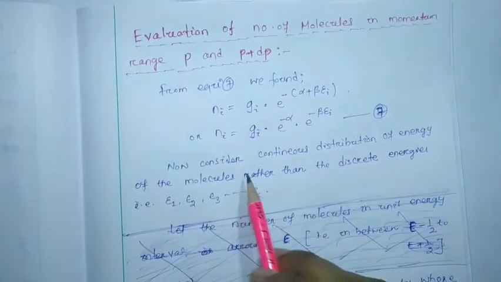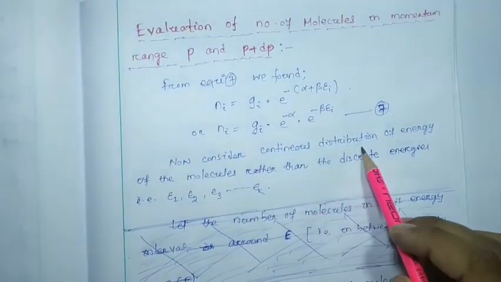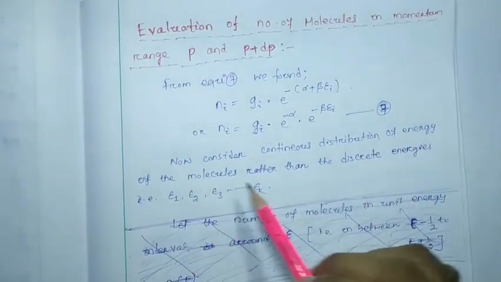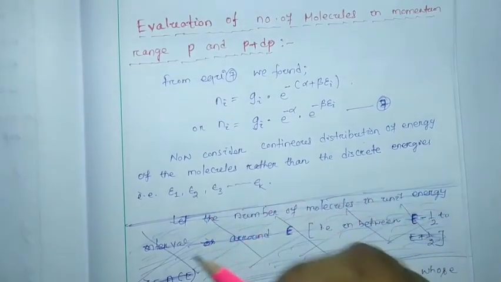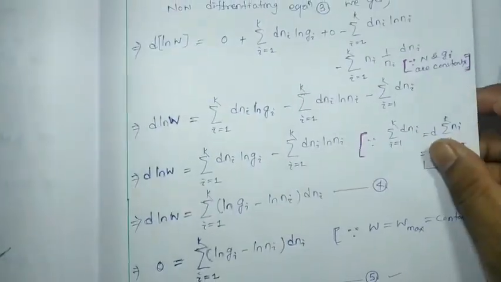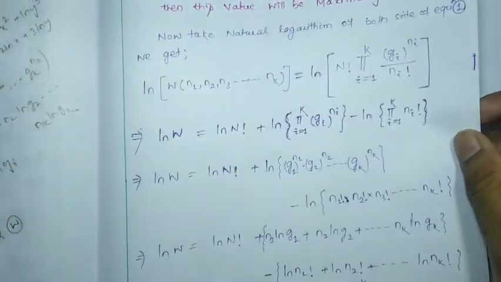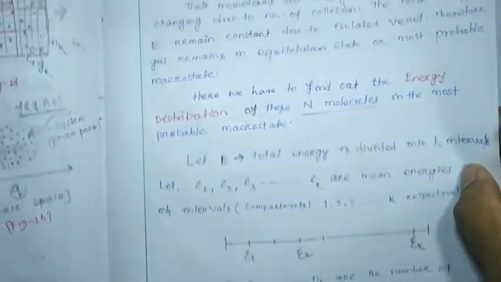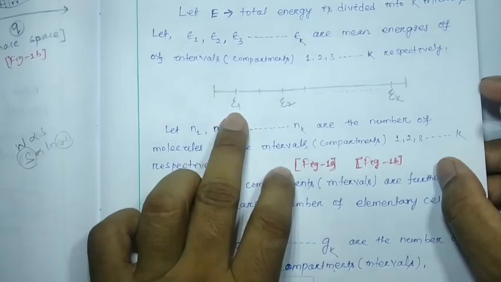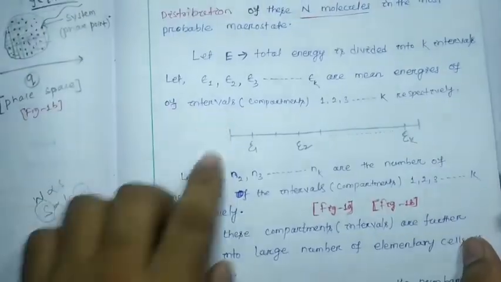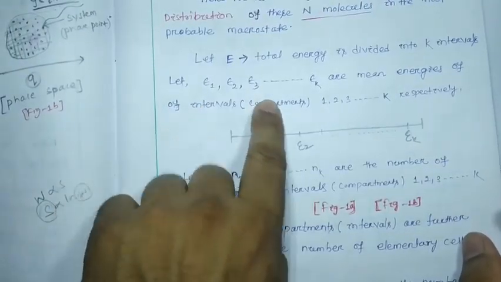Now consider the continuous distribution of energy of the molecules rather than the discrete energy. In this derivation so far we considered the energies of the molecules to be discrete, epsilon 1, epsilon 2, epsilon 3 and so on.